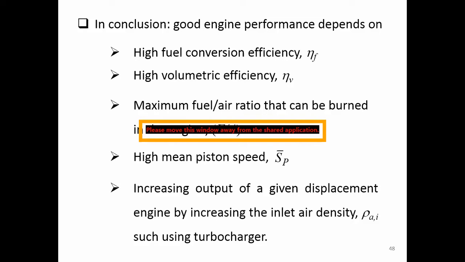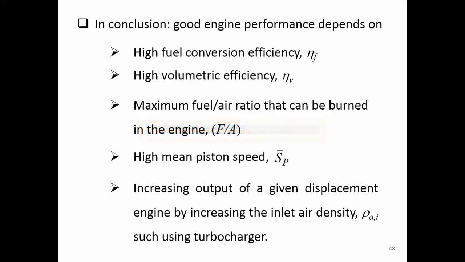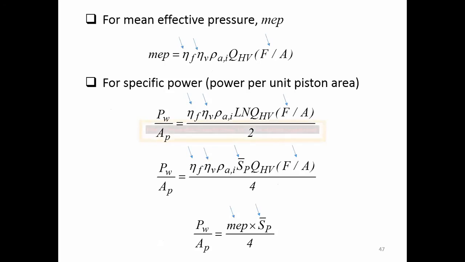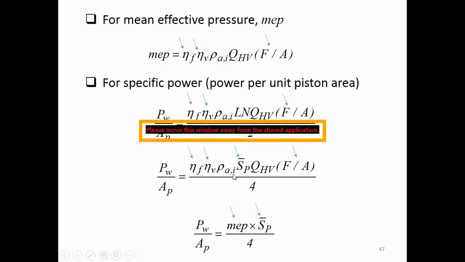And now, if you want to increase the output for a given displacement engine, you can do so by increasing the inlet air density. If you go back and look at the property, you want to increase this power, that means you have to increase this density, the density of the air, because it is involved in the mean effective pressure and so on.